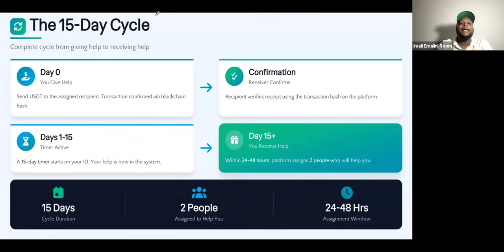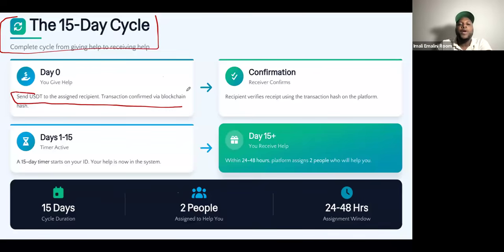Ladies and gentlemen, understand that it is a 15-day cycle, and day one begins like this. You have purchased an EPIN, and you have used that EPIN to get somebody, and somebody is allocated to you for you to pay that person using USDT form of payment. This could be a BEP20, this could be a TRC20. Now, day zero, you run the marathon.